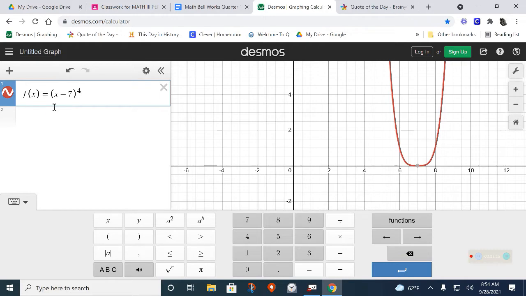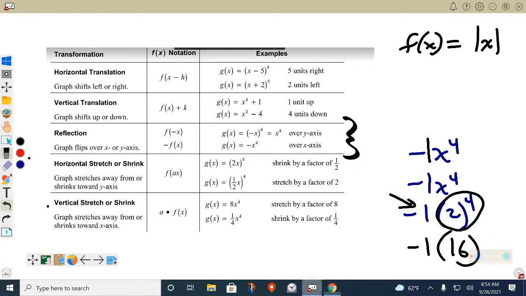But if I just multiply the x before it's taken to the 4th power, it's going to be reflected over the y-axis. Here, outside, x will be taken to the 4th power before it's multiplied by negative 1, so it's going to be reflected over the x-axis. That's kind of what I was trying to labor and emphasize earlier.